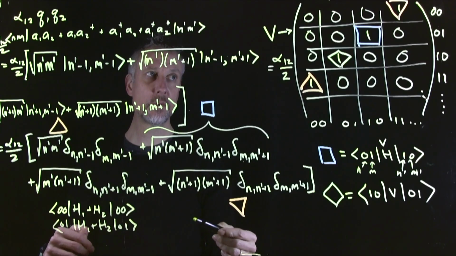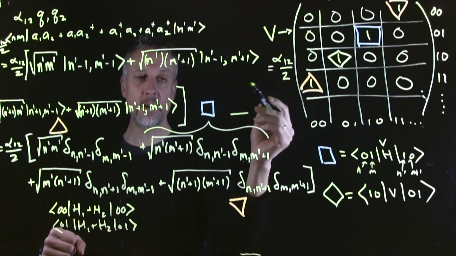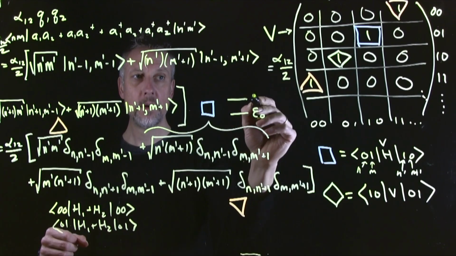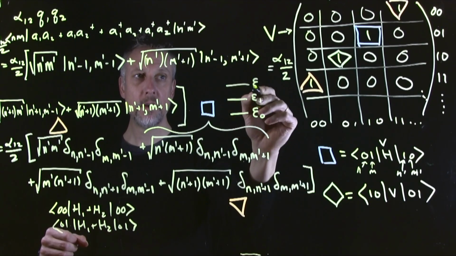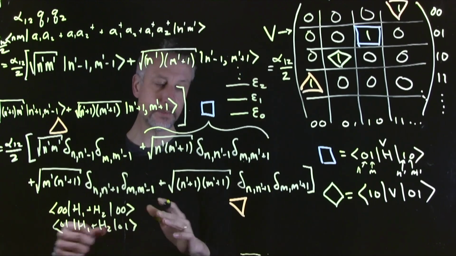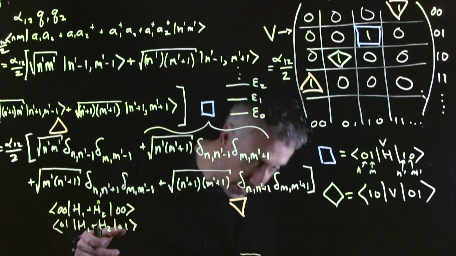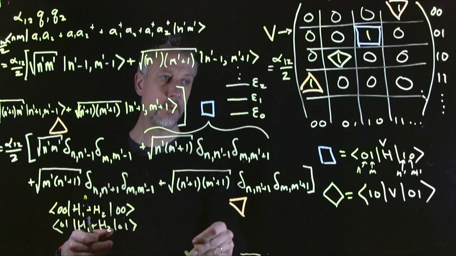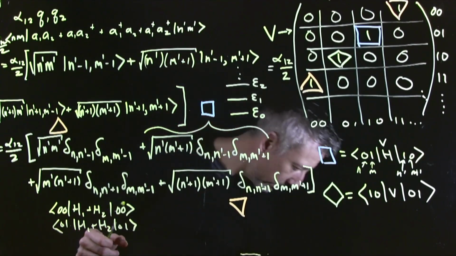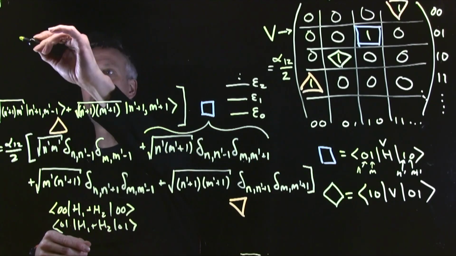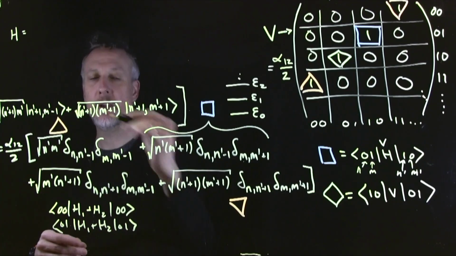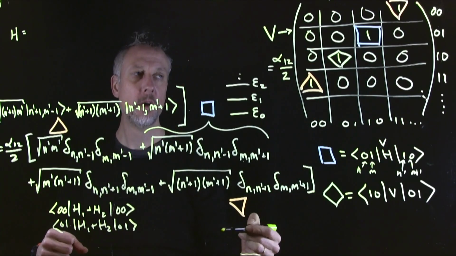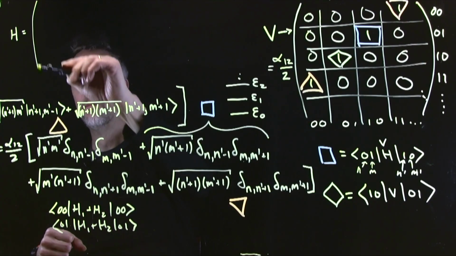All right, so what we're going to do is just list our numbers, our energies for the uncoupled oscillator. We'll call this epsilon 0. We'll call this epsilon 1, epsilon 2, and so on. All right, so when we do that, for the full Hamiltonian, I need some place to erase. All right, so for the full Hamiltonian, we're going to have H1 plus H2 plus V, but I'm only going to do the first of these elements here.